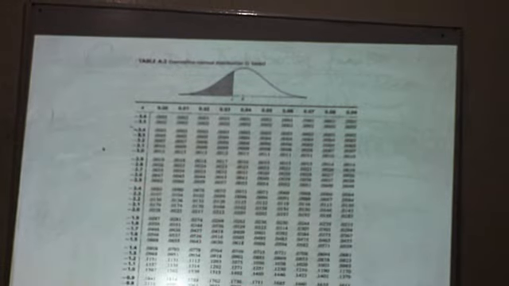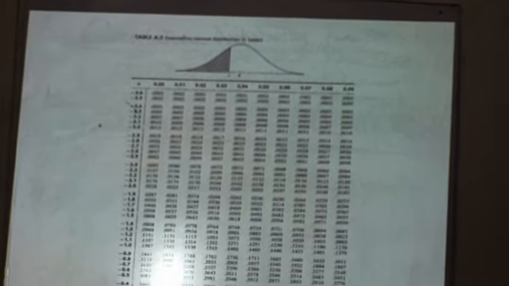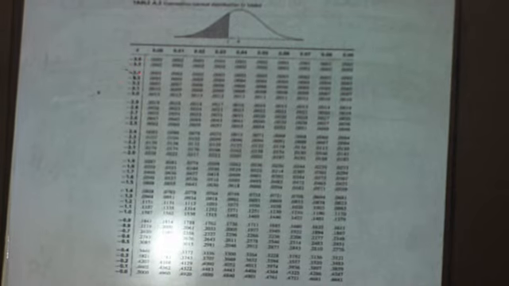But each table depends on what the person wants. It's not all the time that they start from negative 4 to positive 4. Some may, for lack of space or one way or the other, start, like in this case, from negative 3.6 to positive 3.6. That's the positive aspect of the table.